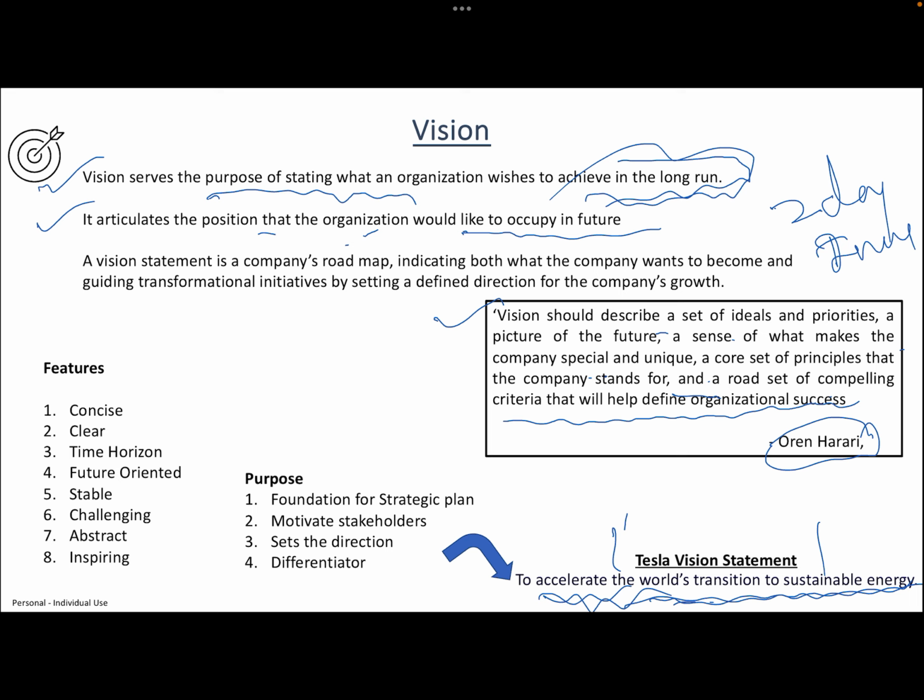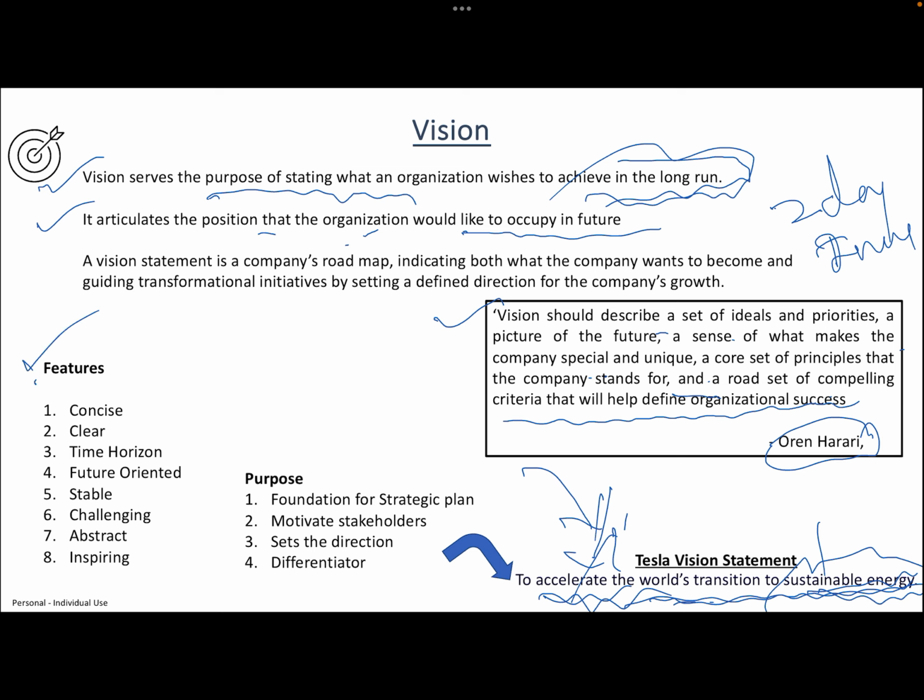So if you see Tesla's vision statement also, the company's priority is that every world should move towards sustainable energy. So that is also the company's priority. And Tesla will focus on accelerating it. So it is going to be a pioneer in driving the sustainable journey of every corporation. So that's how the vision statement is defined by Warren Harari.